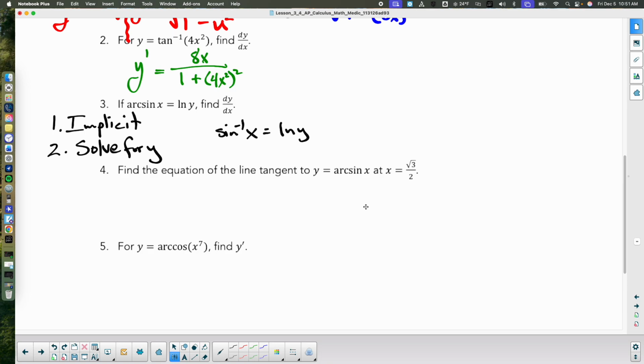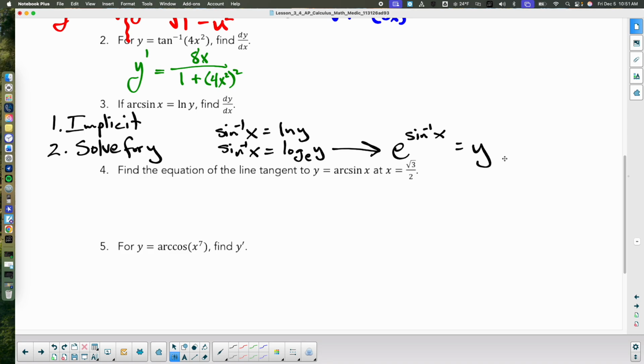Okay. Well, ln of y technically means log base e of y. And so if you take it out of logarithmic form, it would be e to the power of arc sine of x equals y. That's why you can't divide by e.